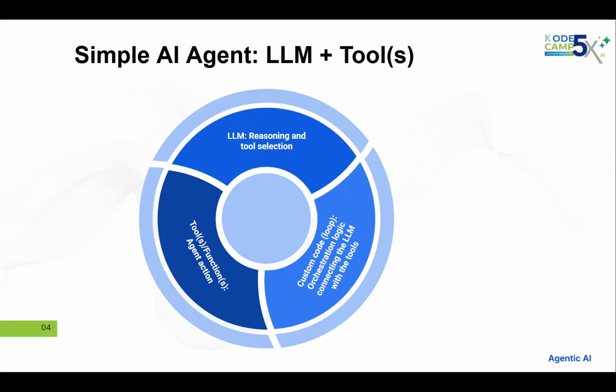It's the brain of the agent. It allows the agent to reason and figure out which tool, from the ones accessible to it, is necessary for achieving the intent. And then those tools, or functions, it's the same thing, or skills if you prefer, enable the agent to take action.